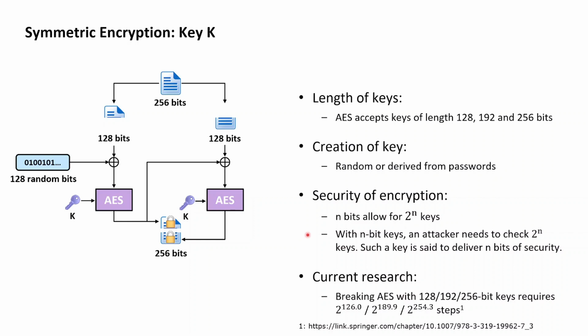If we briefly remind ourselves that the number of atoms in the physical universe is estimated to be around the order of 10 to the power of 80, which is roughly 2 to the power of 260, then we can see that if we make use of 256-bit keys, an adversary needs to check 2 to the power of 256 keys, which is an act of almost equally much effort as having to get hold of every atom in our physical universe.